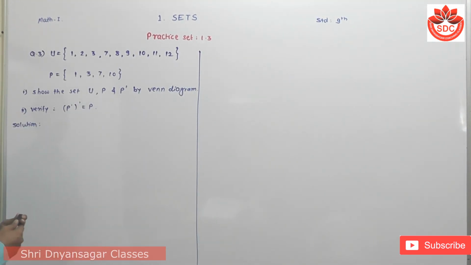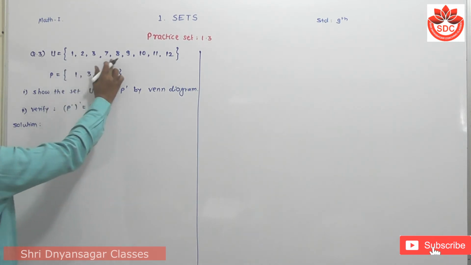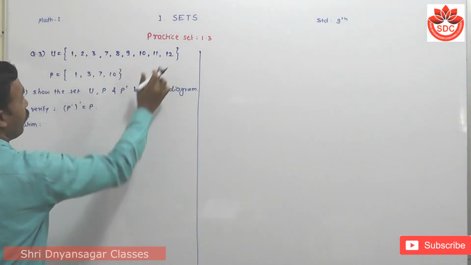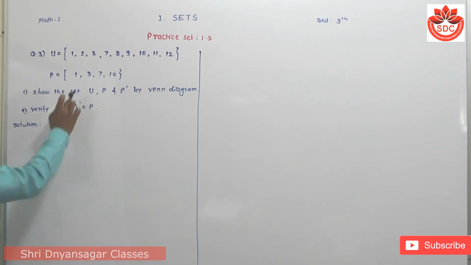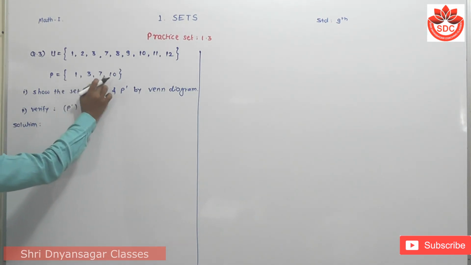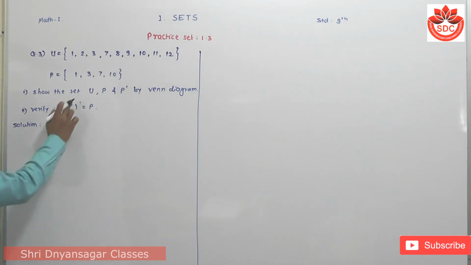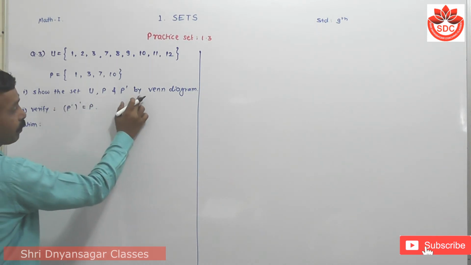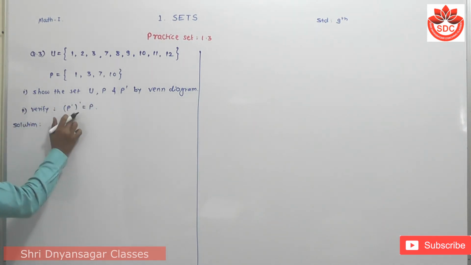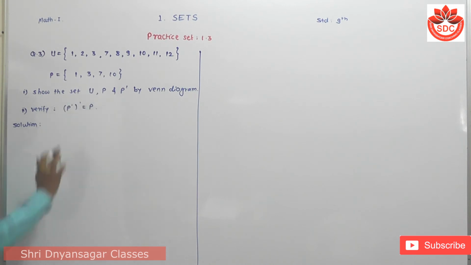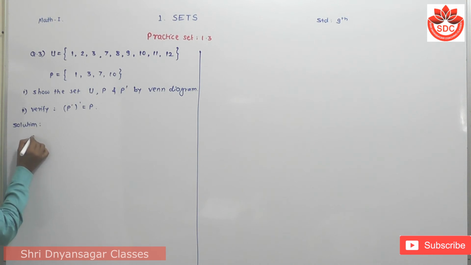Question three is, U is the universal set of the numbers 1, 2, 3, 7, 8, 9, 10, 11 and 12. And P is the set of elements 1, 3, 7 and 10. Show the sets U, P and P dash by Venn diagram and verify that the complement of P's complement is equal to P. Student, first I will write its solution.